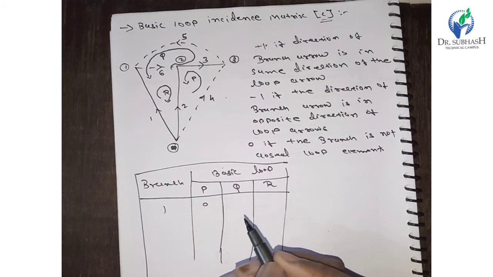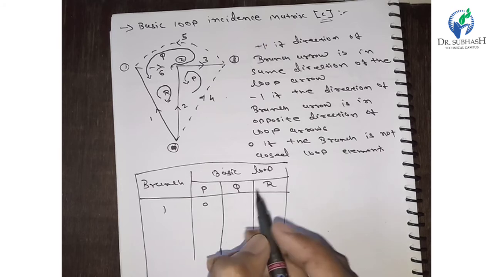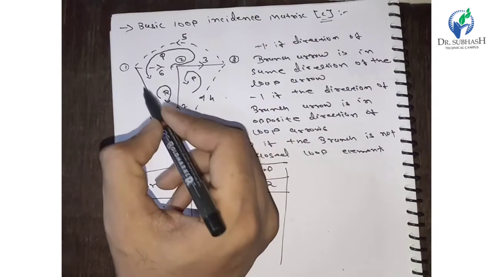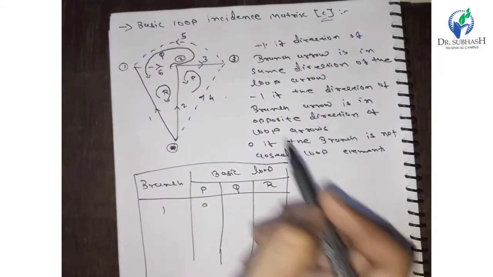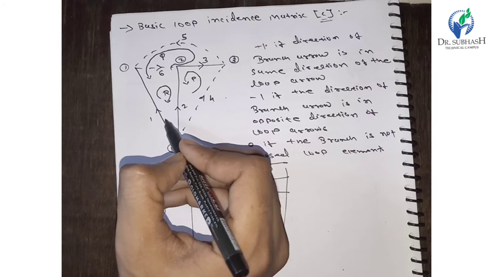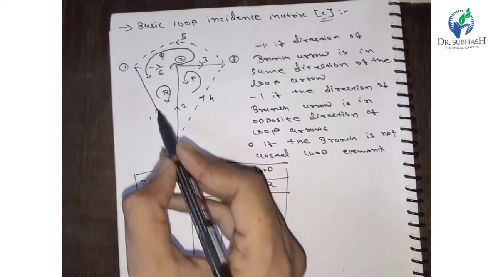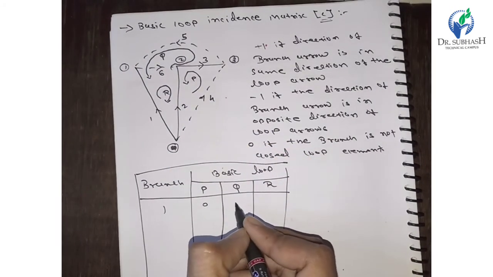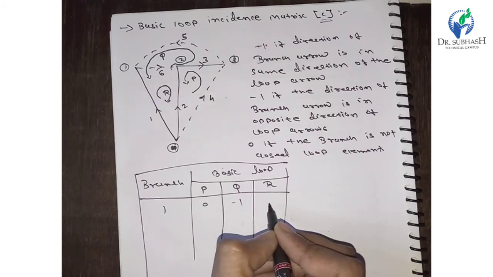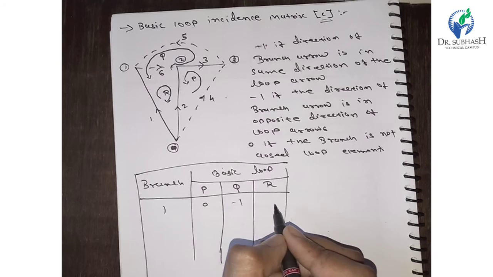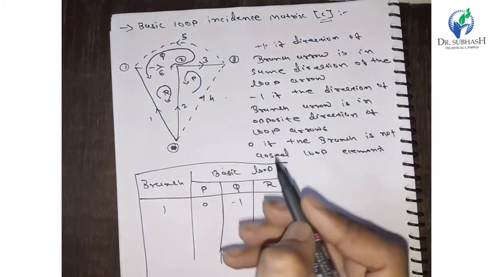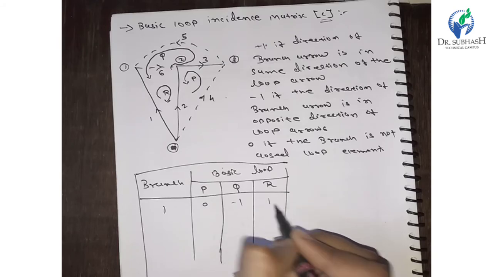When we take the value of branch 1 and Q, Q is in reverse direction. Here the basic loop is in this direction, Q is in this direction, and branch 1 is in the opposite direction, so the output is -1. For R, basic loop R is in the same direction with them, so the value is +1.